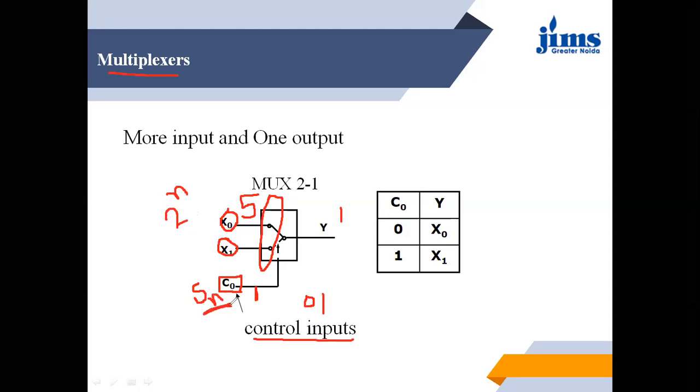So the selection lines depend on the number of inputs, and we can implement one more enable line to put it in the high impedance or in the working condition.